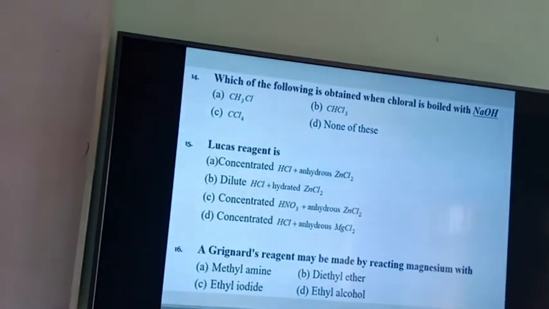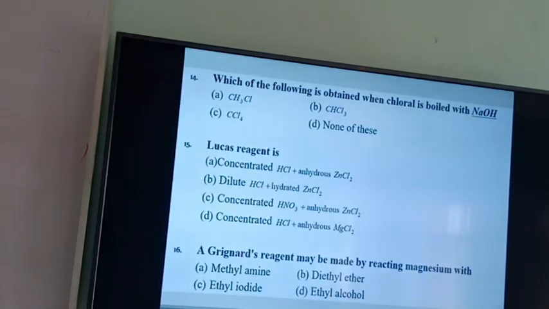Which of the following is obtained when chloral is boiled with sodium hydroxide?